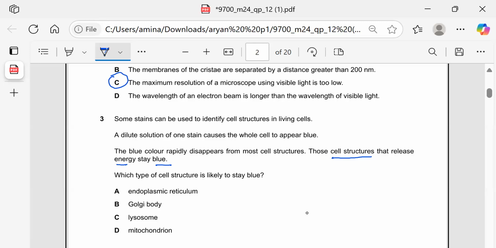What the examiner is looking for is whether you can identify which organelle is related to energy. And we know that endoplasmic reticulum has nothing to do with energy. Golgi body does modification. Lysosome carries hydrolytic enzymes. So the only organelle which is related to energy is mitochondria. Mitochondria are defined as the site of aerobic respiration.